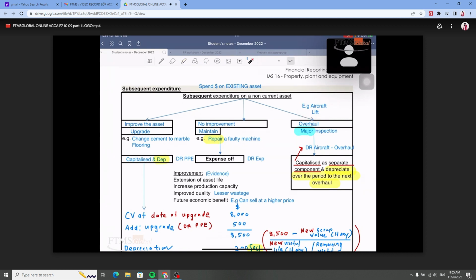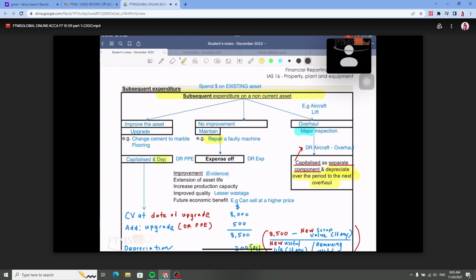In a shopping center, we have escalators, so an escalator is also subject to overhaul. This is what you need to do for subsequent expenditure. Hopefully, we are clear on subsequent expenditure on an existing asset. Two things can happen: improvement or no improvement.